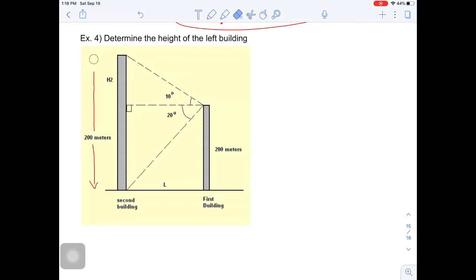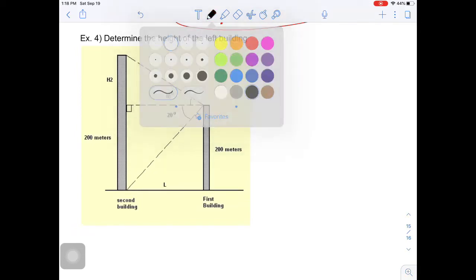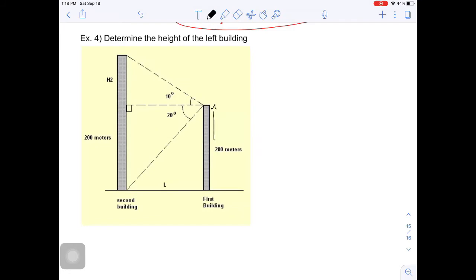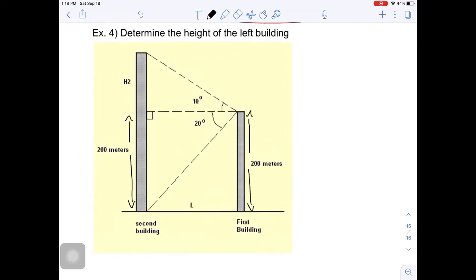So this diagram is a little confusing because it has 200 meters here and 200 meters here. The important thing to understand is that 200 meters is this height. 200 meters here is this height, okay? The tough part about trig is when they give you a bunch of different triangles to be looking at.